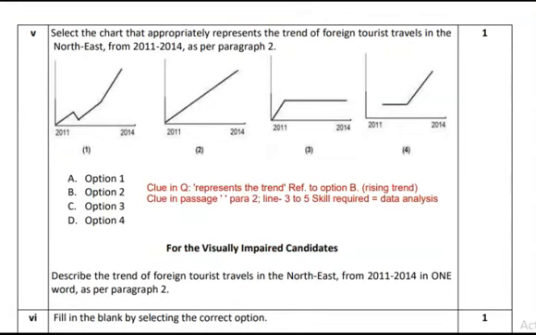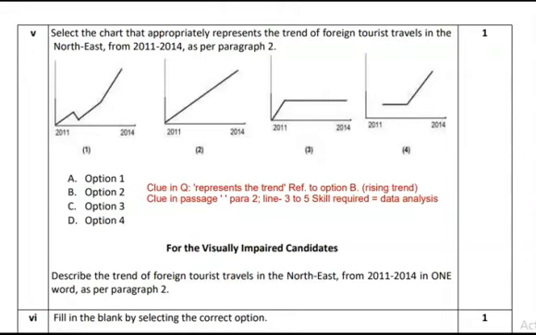Now look at the graph. Select the chart that appropriately represents the trend of foreign tourist travels in the Northeast from 2011 to 2014 as per paragraph 2. If you carefully read the first 2-3 lines, you will find that from 2005 to 2014, the number of tourists visiting the northeast states of India has been going up, up, up and nowhere down.